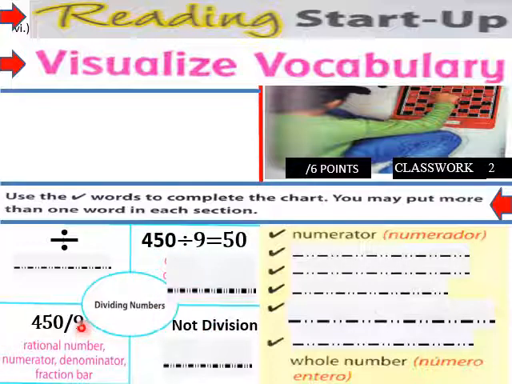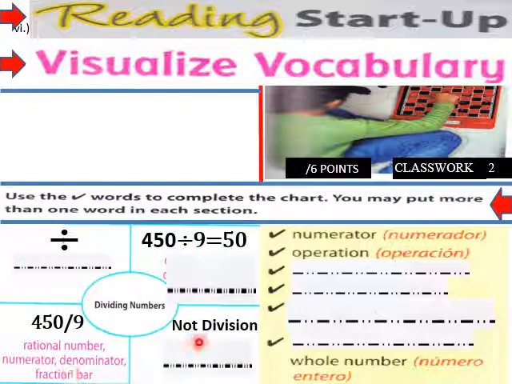So let's see, over here, yep, a rational number is expressed by a quotient. Numerator, denominator, and fraction bar, that's all described right here. And then an operation, well, these are all operations here.